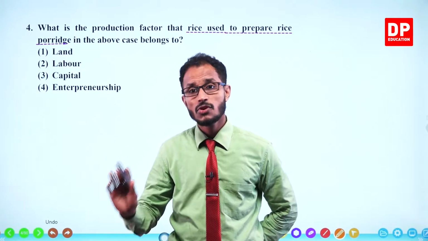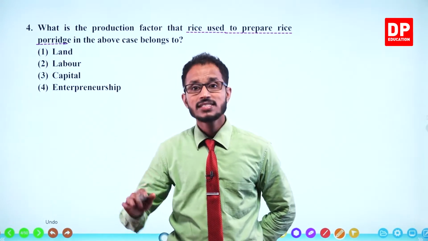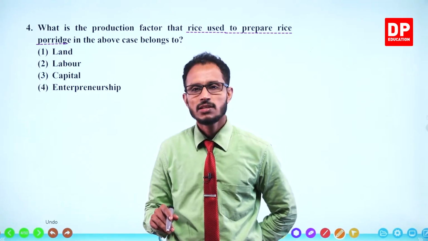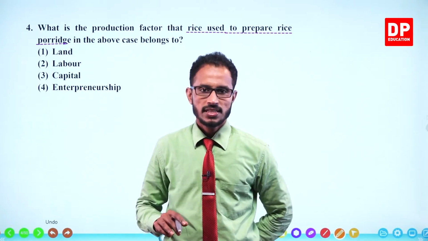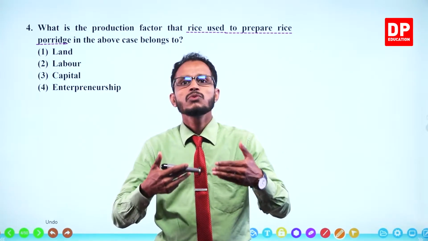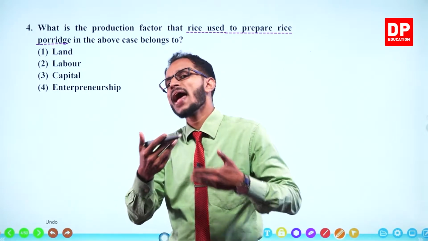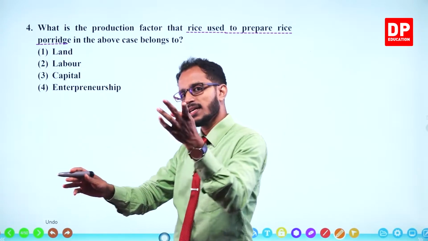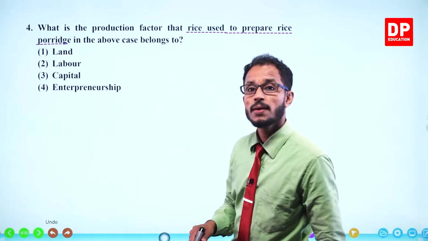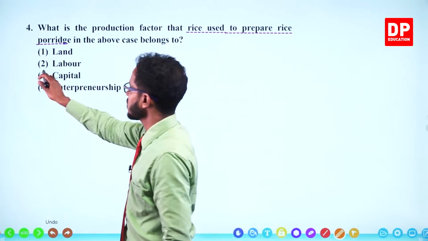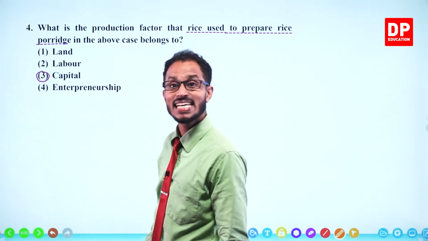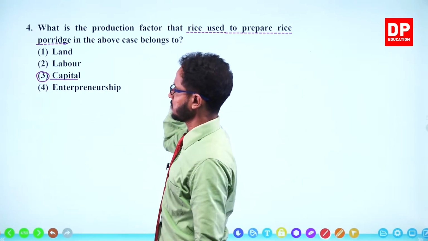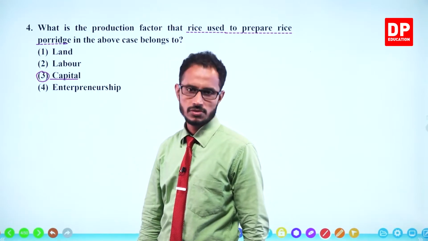Rice is taken from the natural environment, but rice is processed. It's not paddy, it's rice. You have to send the paddy through a process to get rice. So, rice is produced by man. Man-made resources fall under which factor? Capital.